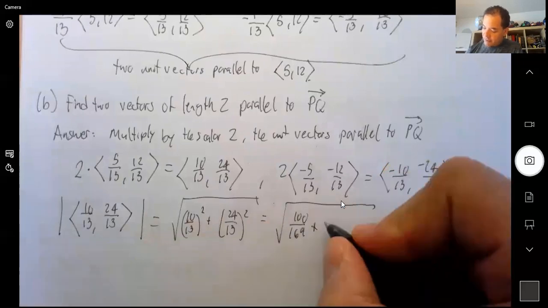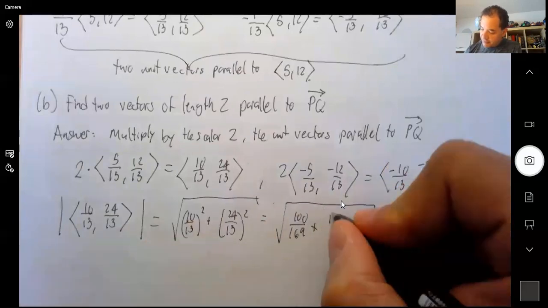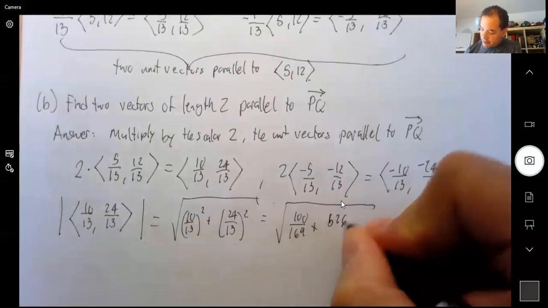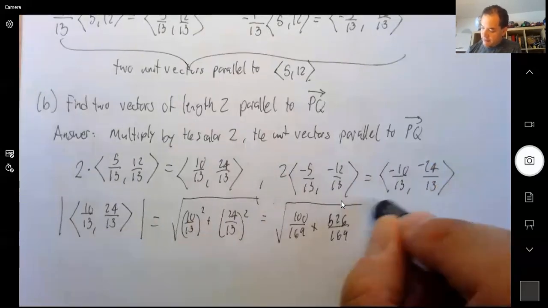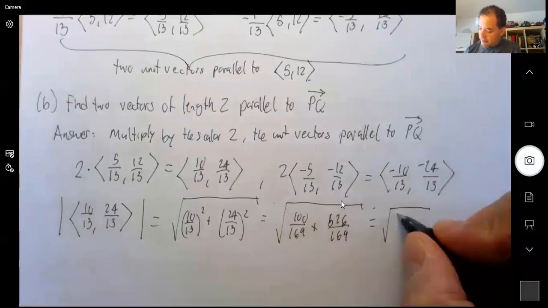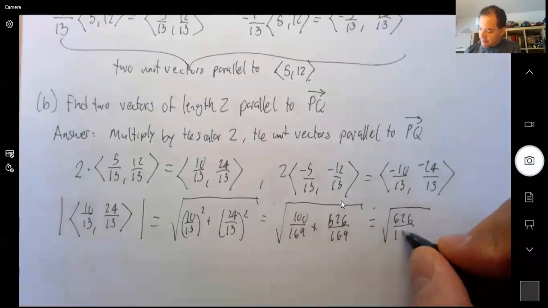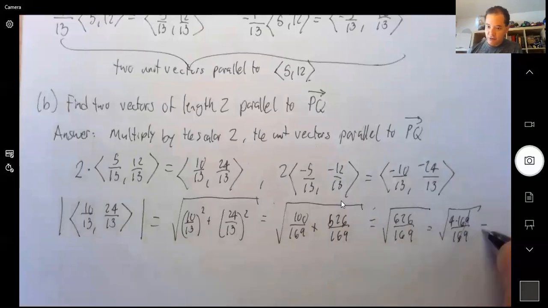And then 24 squared is, I believe, 576 over 169. And when you add these two, you get 676 over 169. And believe it or not, the number on top is 4 times 169. So this is 2.